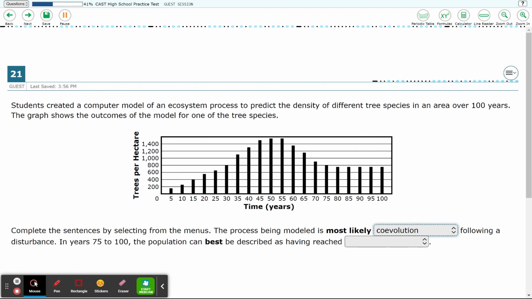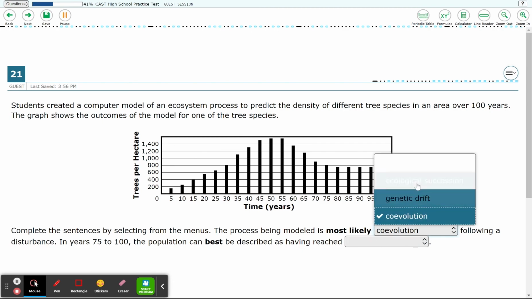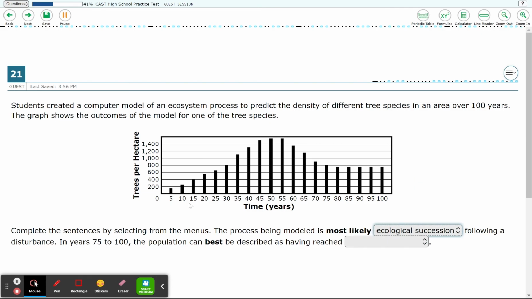In other words, when one species evolves and changes, how does that impact another one? Okay, and we don't have two species here, so we're only looking at one thing. So ecological succession, how that changes over time, matches our setup pretty perfectly.